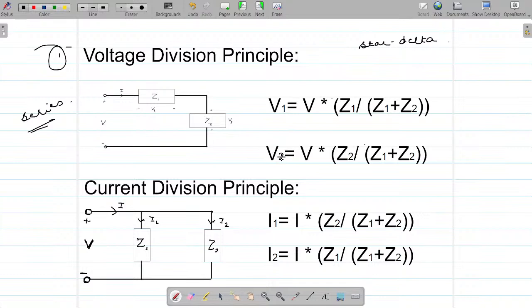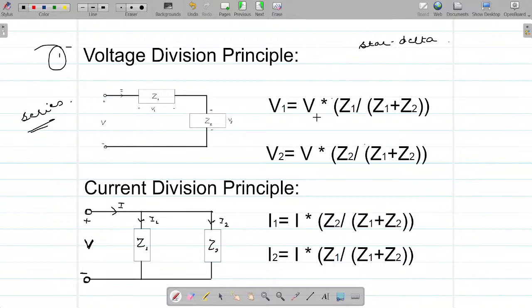Similarly, in case I have to calculate the potential across impedance Z2, that would be V2. It is Z2 upon the sum of impedances times the total voltage applied to the network. So the voltage divides in the same ratio as the impedances. See, here the potential V1 is in the same ratio as Z1, right?